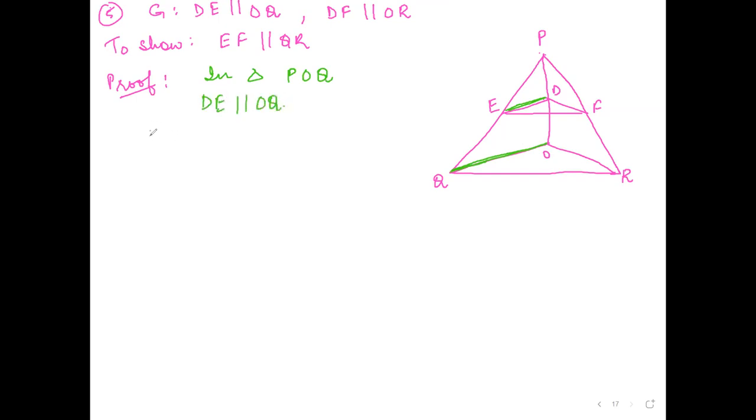So in triangle POQ, DE is parallel to OQ. So therefore, by BPT, the sides are in proportion. What should I write?